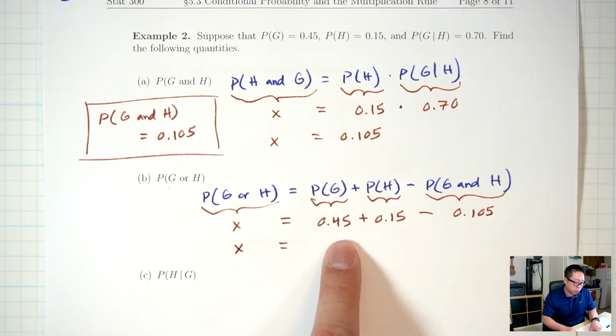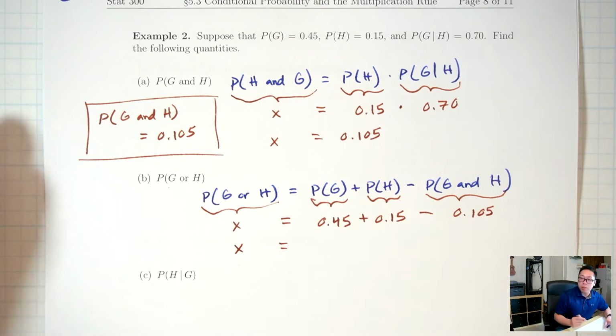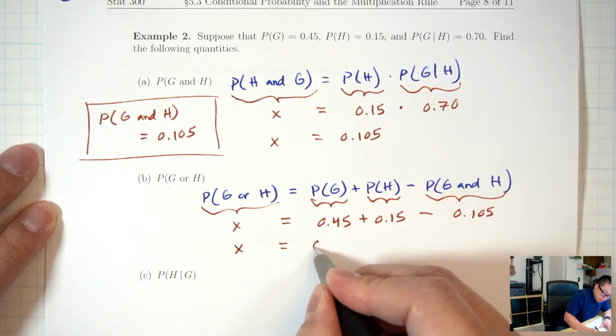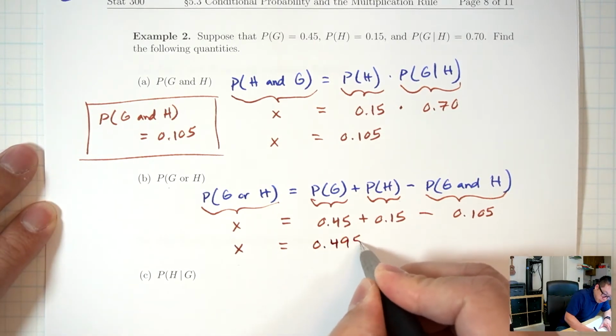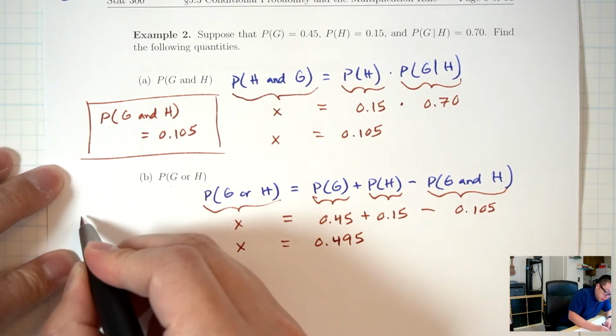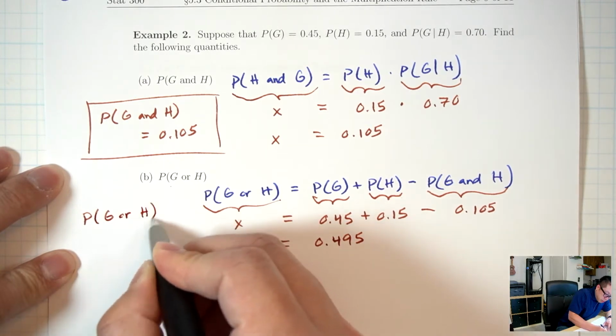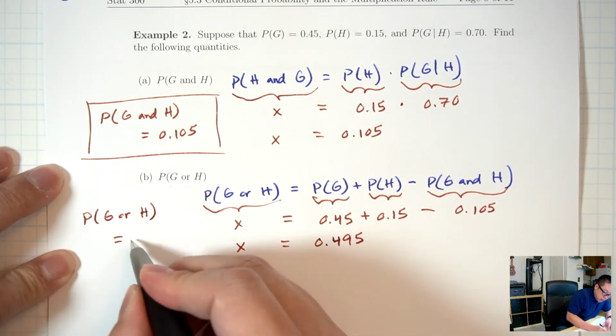So right side is going to be 0.45 plus 0.15 minus 0.105. And you get 0.495. All right, so we just found G or H. So probability of G or H is 0.495.